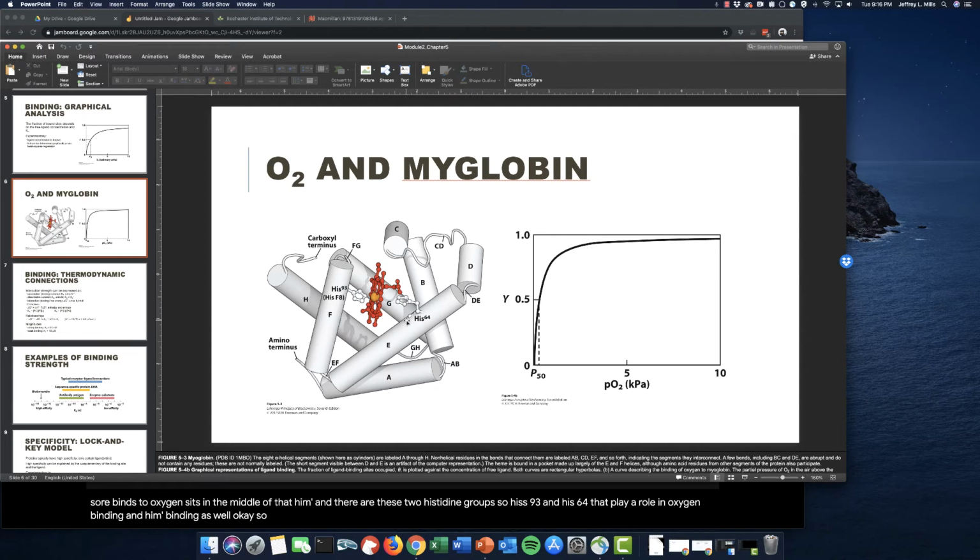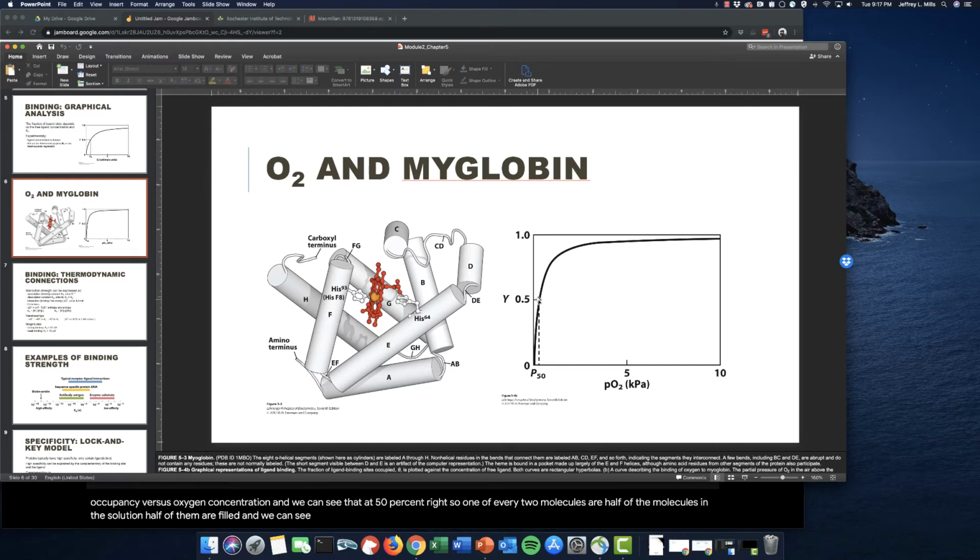Okay, so right, we can look at the structure of this protein, and we can use our plot of binding site occupancy versus oxygen concentration, and we can see that at 50%, right, so one of every two molecules, or half of the molecules in the solution, are filled.